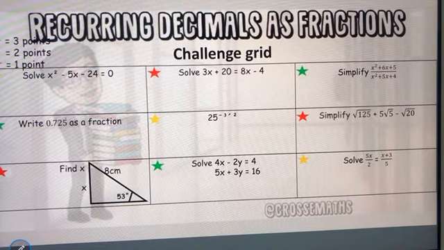I'll give you a couple more minutes, guys. Just get as much of that done as you can. Remember, it is higher tier, so lots of these questions are quite time consuming.